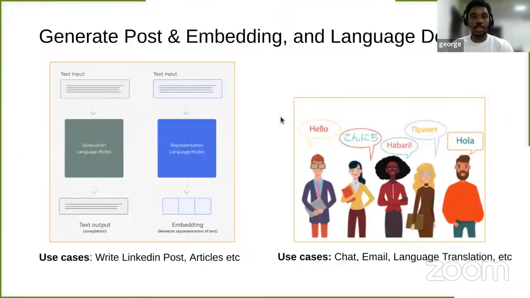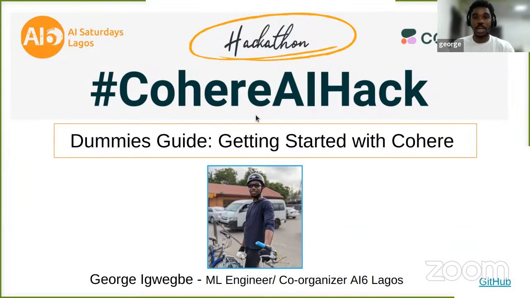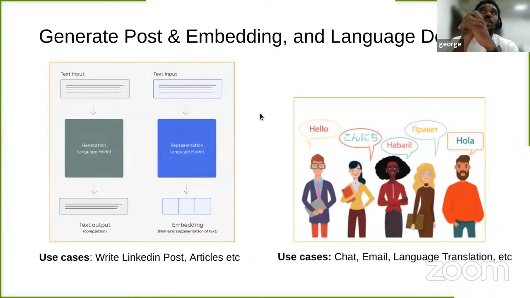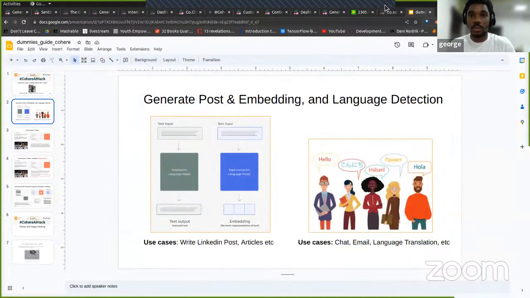So first thing first, for you to use Cohere's API, there are a couple of different ways to go around it. One way is to use the Cohere playground, which is something, let me just switch to the playground.